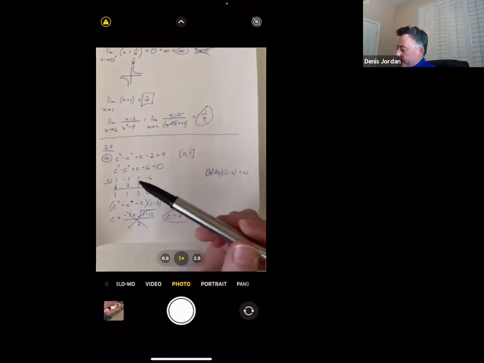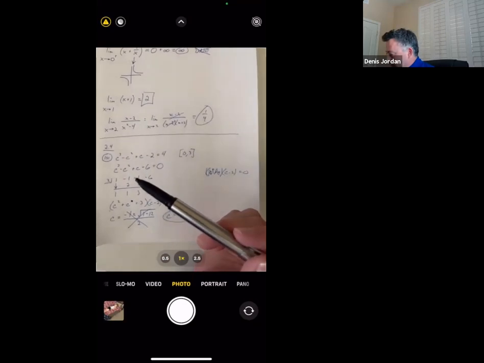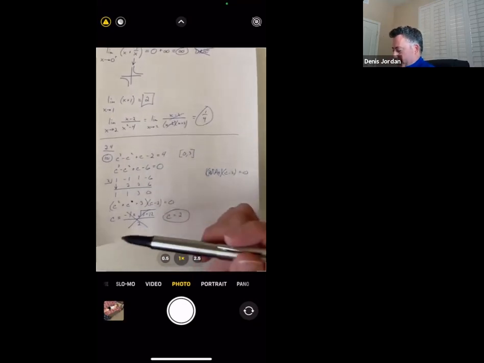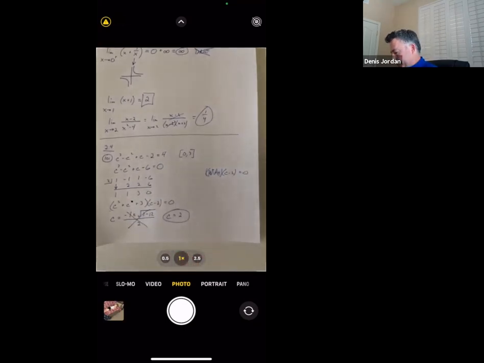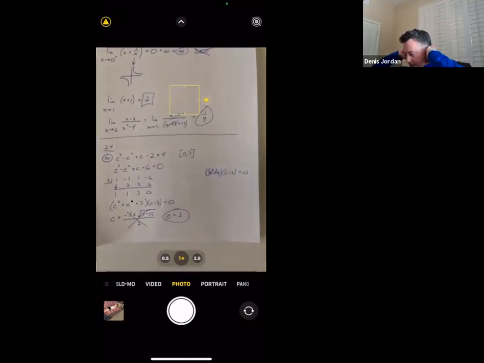Homework is one thing, because it helps jog your memory a little bit, but I'm not going to give you a synthetic division problem on the exam, unless you really want one. But I'd rather not.